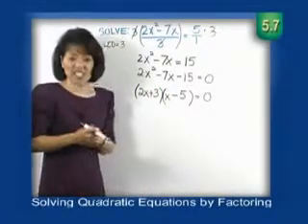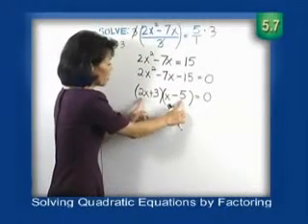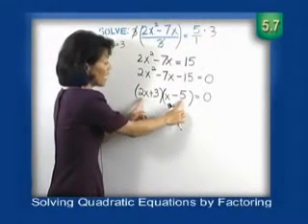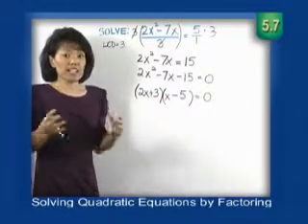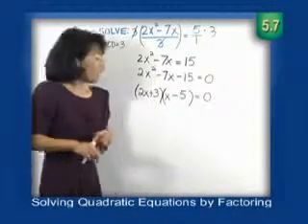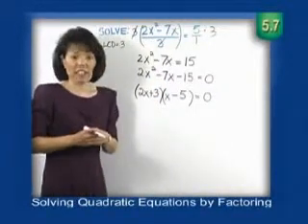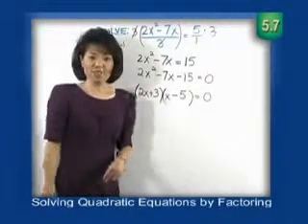Now how did I know how to do that? Well, in my mind I'm thinking this outside term is going to give me negative 10. This inside term is going to give me positive 3. Negative 10, positive 3. There it is, negative 7. Again, it's called trial and error. If it does not work the first time, simply erase, switch the numbers, and get it to work.